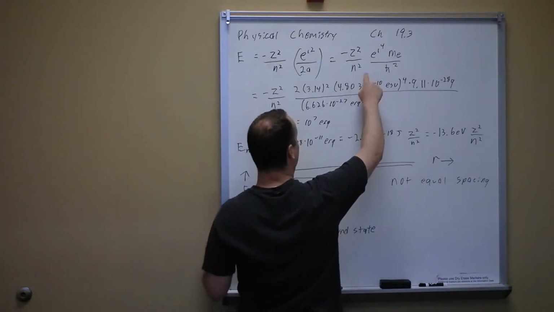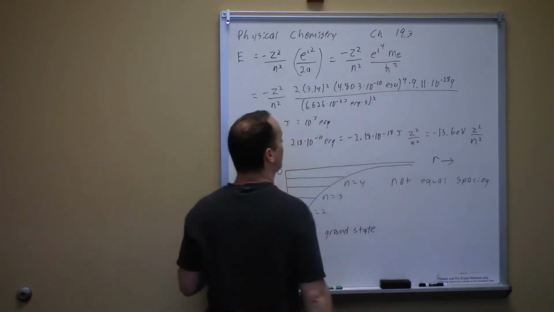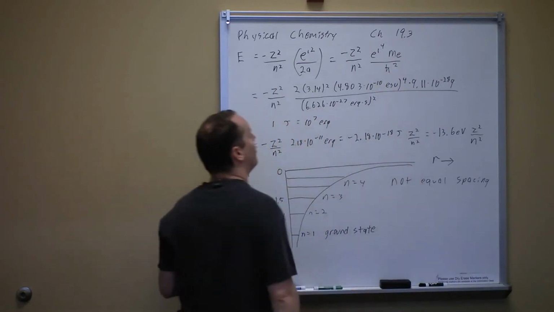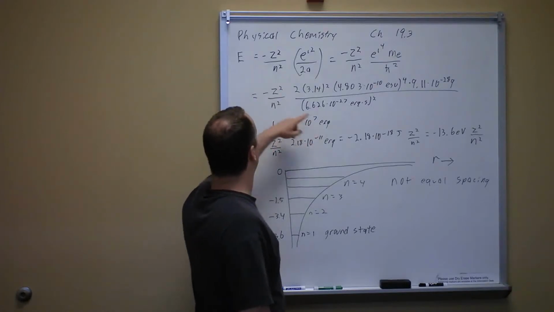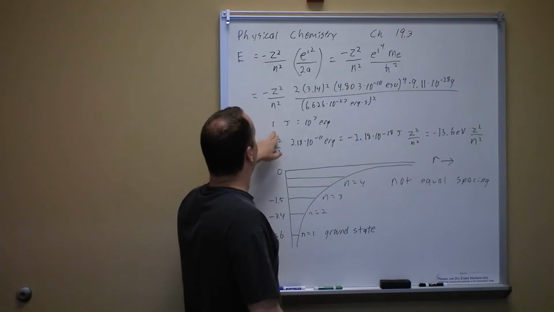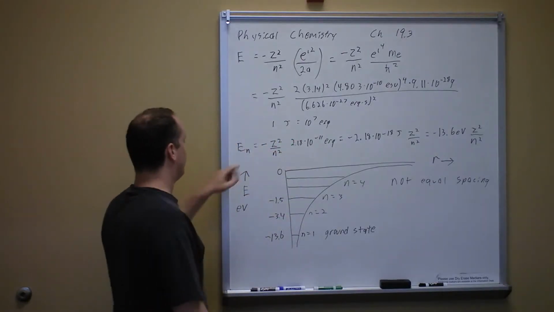So remember, Z is the atomic number, n is the principal quantum number, e prime is the charge of the electron, m_e is the mass of the electron, and h bar is Planck's constant divided by 2 pi. We throw in all the numbers except for Z squared over n squared, and then we simplify. Remember, 1 joule is equal to 10 to the 7th ergs.